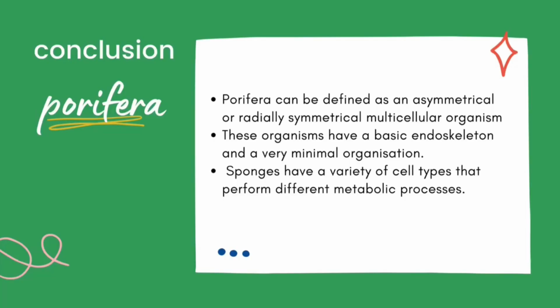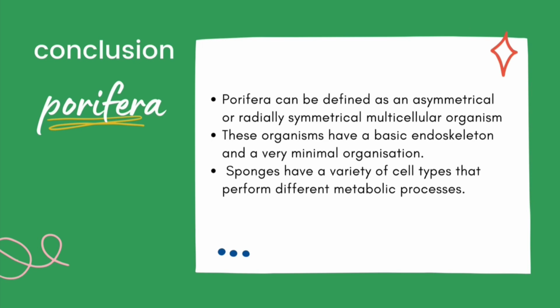To conclude, Porifera can be defined as an asymmetrical or radially symmetrical multicellular organism with a cellular grade of organization lacking well-defined tissues and organs, exclusively aquatic, mostly marine, sedentary, solitary or colonial animals, with a body perforated by pores, canals, and chambers through which water flows, with one or more internal cavities lined with choanocytes, and with a distinctive skeleton made of calcareous spicules.